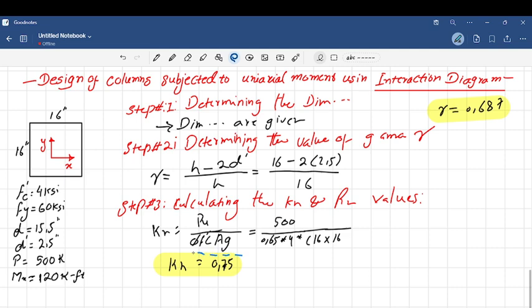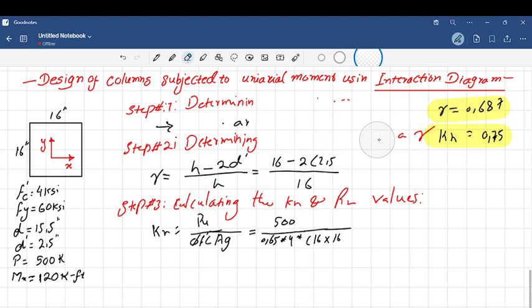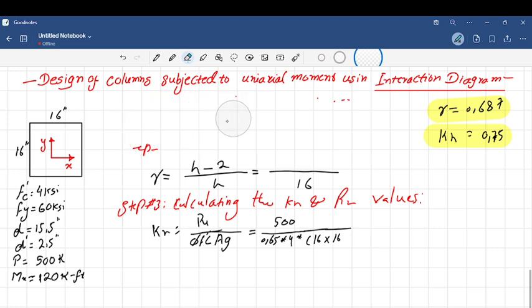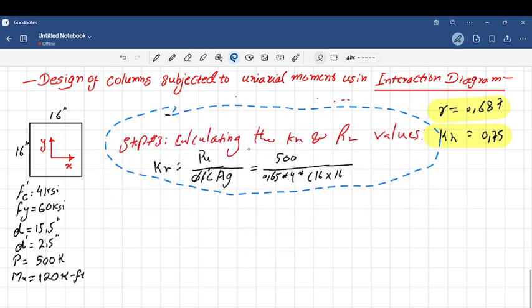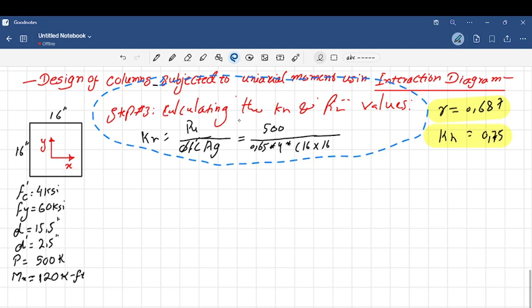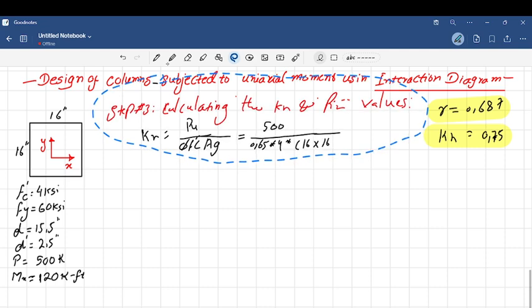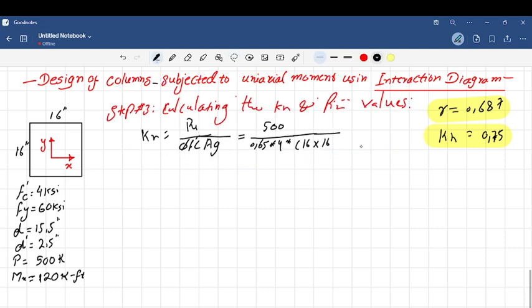I will move this upward as well, and I will clear this space in order to have room for our further writing. We are still in our third step, so I'm going to shift this upward as well. Now the value of Kn is determined to be 0.75.